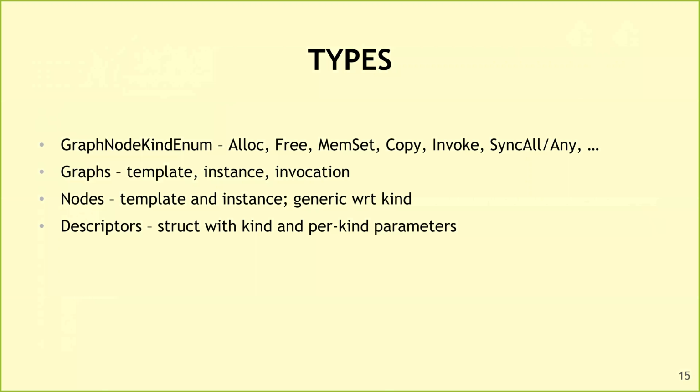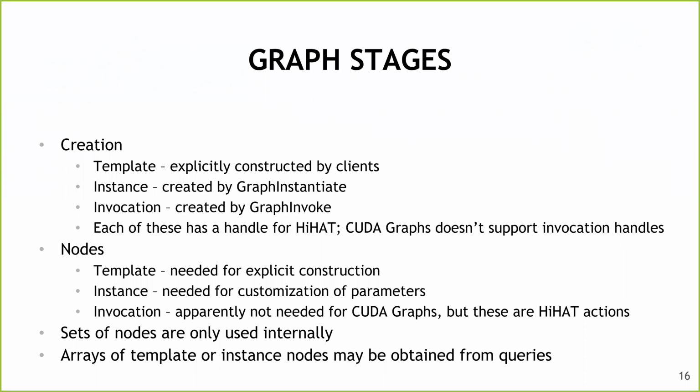So to that end, we have a number of types for different kinds of nodes, different stages of the graphs, different kinds of nodes and descriptors, and I'll go through some of those briefly here. Again, we talked about these three different stages, and we can create graphs at those stages, and we have different kinds of nodes.